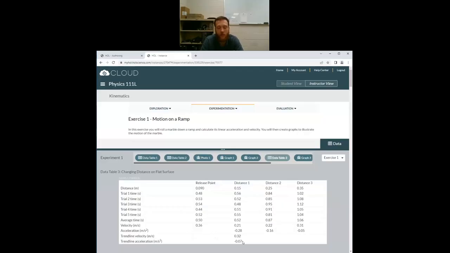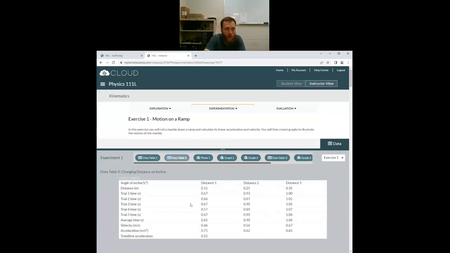For the results section, let's go back to data table 2 here. Take the average of these 3 accelerations and compare that number to the 0.52. Just eyeballing this, it's like 0.66 or so would be the average. You can compare that to 0.52, and you can use a percent difference formula. So percent difference is the difference over the average.